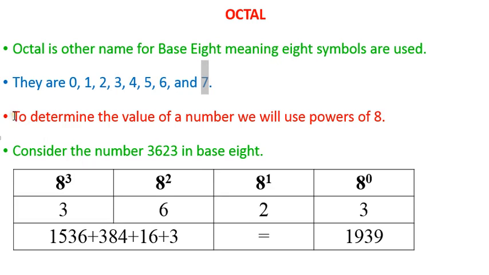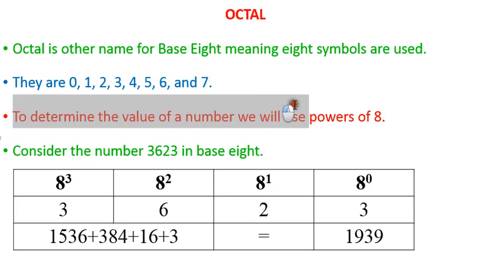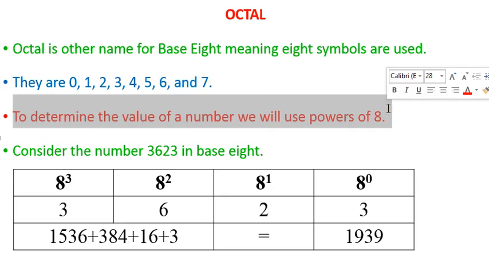So if we want to determine the value of a number which is in base 8, and change it into base 10, what do we do? We follow the same procedure as we did under the binary number system. We arrange the numbers as they are given to us.